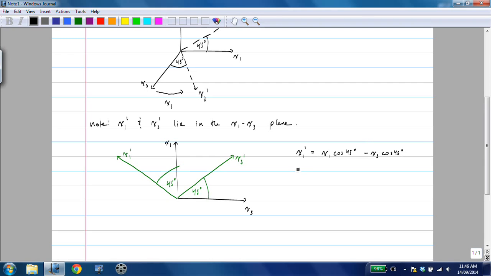So that's x1. We know that x2 prime is just equal to x2 because I'm not doing anything to it.